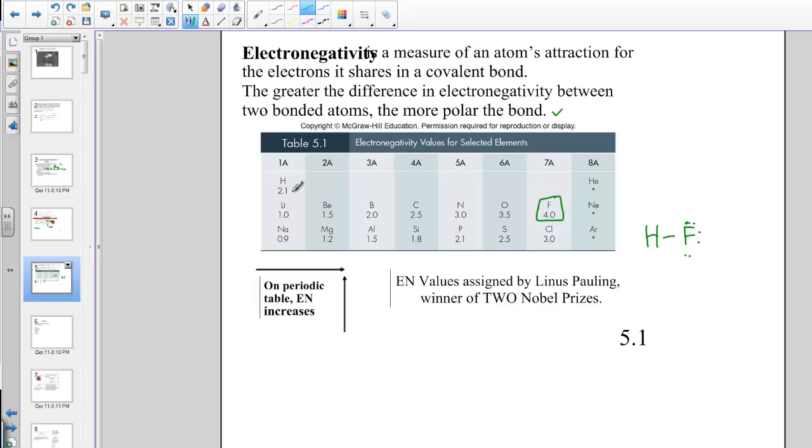Notice that hydrogen has an electronegativity value of 2.1, and fluorine has an electronegativity value of 4.0. When I take the difference between 4 and 2.1, I find 1.9. So the electronegativity difference is 1.9.